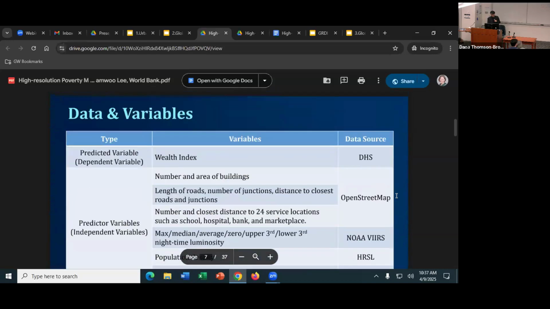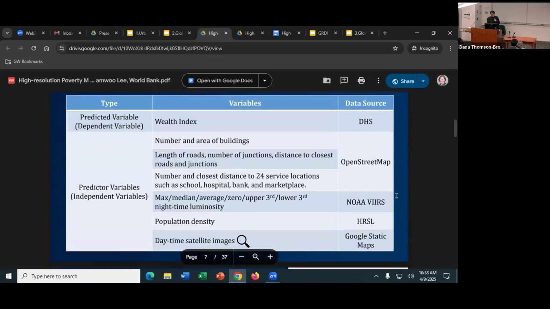These are the publicly available data sets that I could find for this project. I used the DHS wealth index as a predicted variable, and I extracted the number of buildings, area of buildings, length of roads, number of junctions, etc., from OpenStreetMap data. I also used nighttime luminosity.